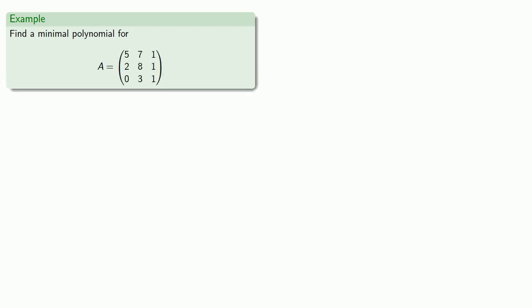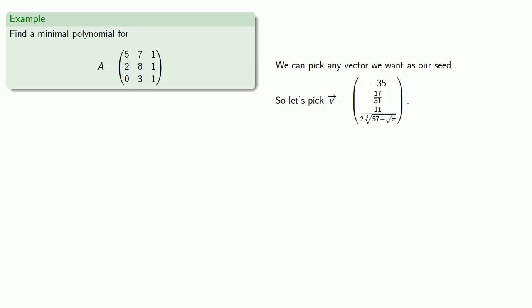Or we could take a 3 by 3, and we can pick any vector we want as our seed. So let's pick, no. Oh God, no. How about this one?